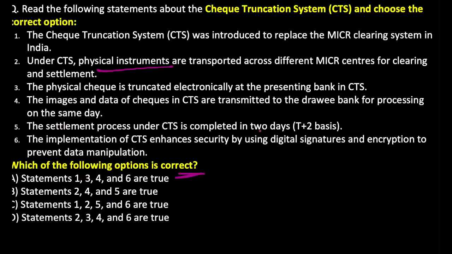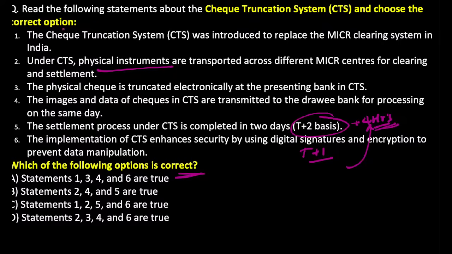Now even this has changed. How many hours now? 4 hours. Please do correct me if I'm wrong. So now it is 4 hours. Earlier it was T plus 1. Right now it is within 4 hours or something.